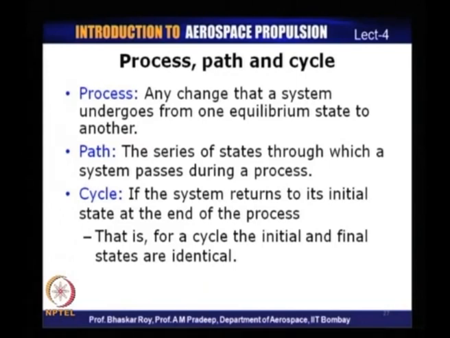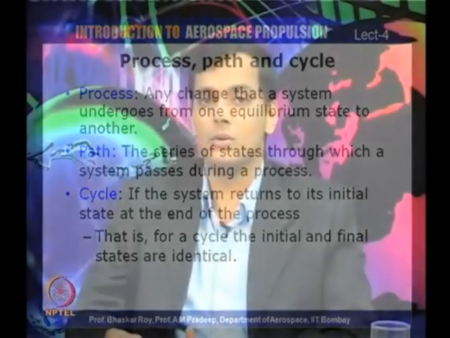And if the system returns to its initial state at the end of the process, then that is referred to as a cycle. A cycle refers to a process wherein the initial and the final states are identical. So, a process refers to the change of a system from one equilibrium state to another, and as the system progresses from one equilibrium state to another, it could be through a series of different states.